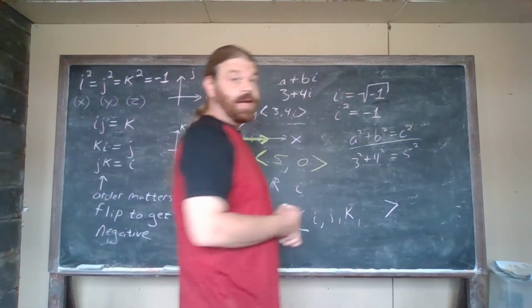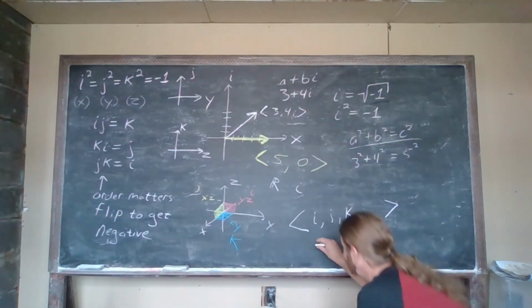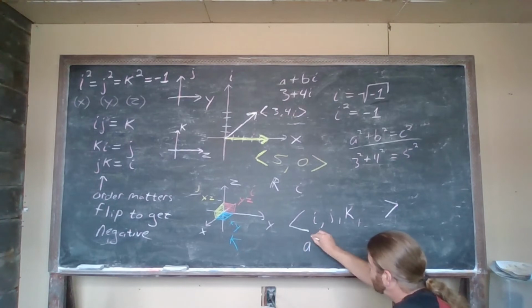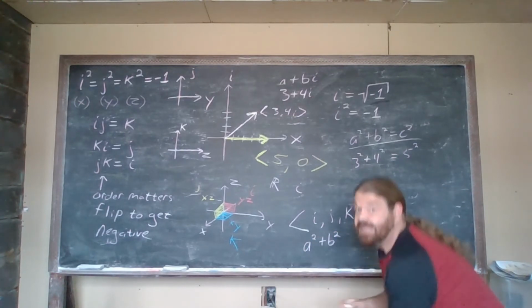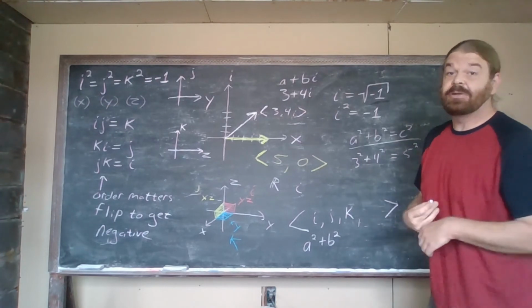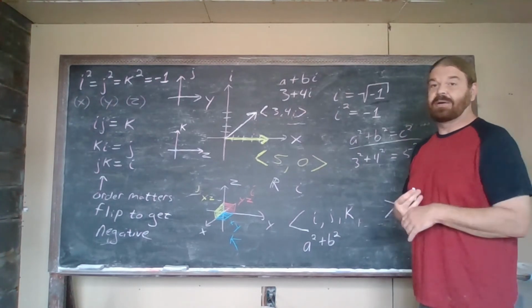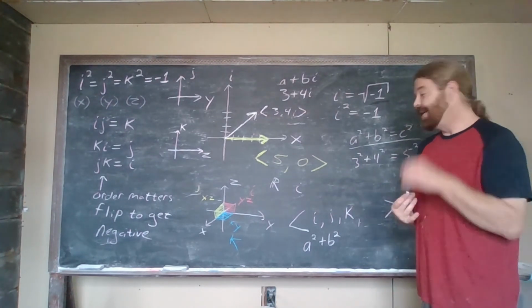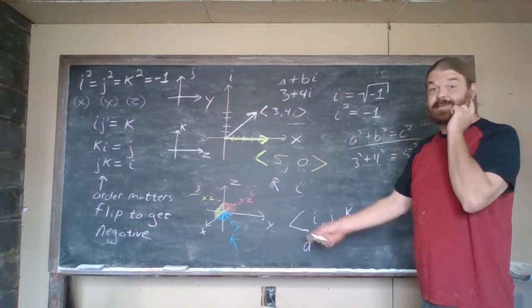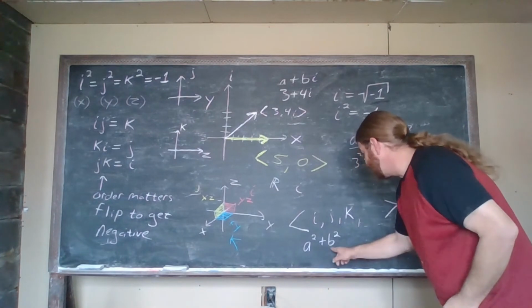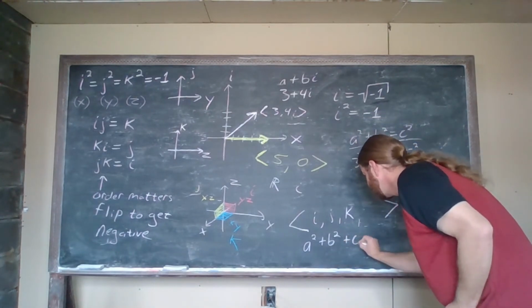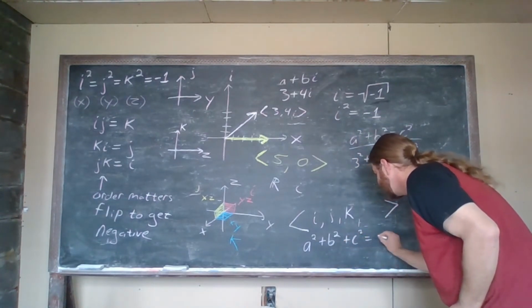And then from the Pythagorean theorem, a squared plus b squared. And if you have not seen this before, the Pythagorean theorem applies to any dimension. 1 dimension is obvious: a squared equals a squared. 2 dimensions, a squared plus b squared gives us c squared. 3 dimensions, a squared plus b squared plus c squared gives us d squared.